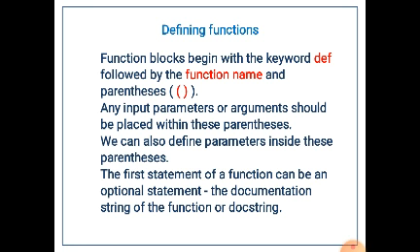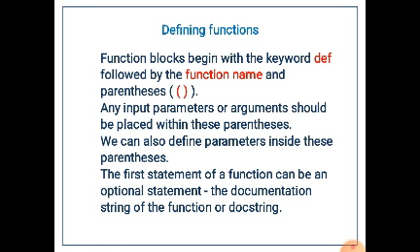Function blocks begin with the keyword def followed by the function name and parenthesis. So when you see the word def in a function, that indicates that the creation of the function has started in the same line.